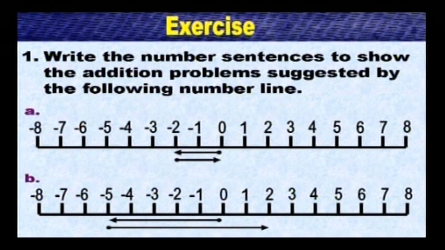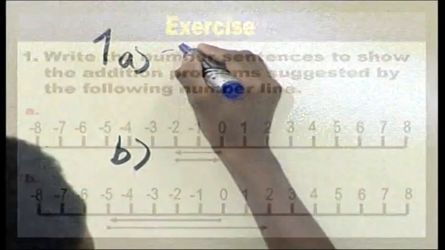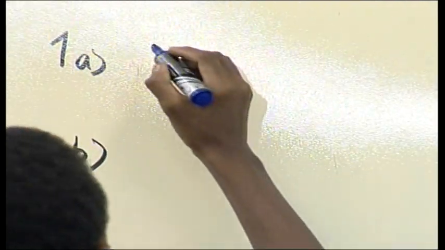Okay, Walter, 1A. Judy, yeah? Julie, 1B. Okay, right, Maria.